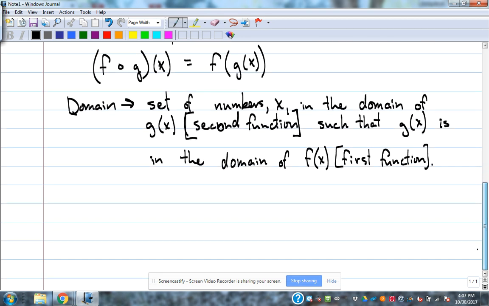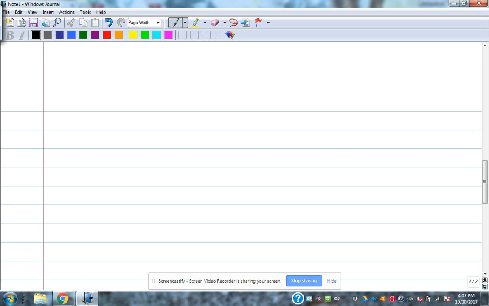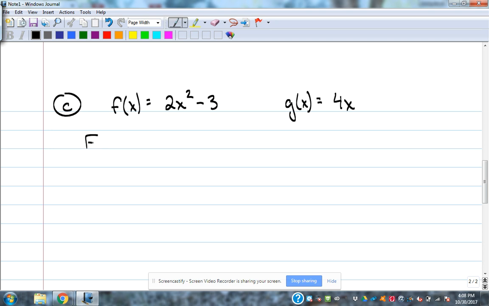All right, so let's work on some domain of composite functions and building some composite functions here. So example C is we're gonna get f of x is 2x squared minus 3 and g of x, something pretty simple, 4x. And they want us to find f composed with g of x and the domain.